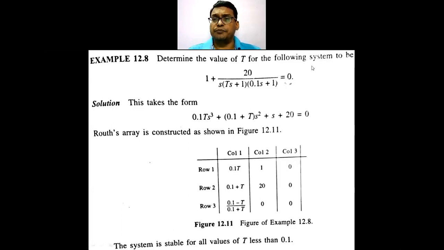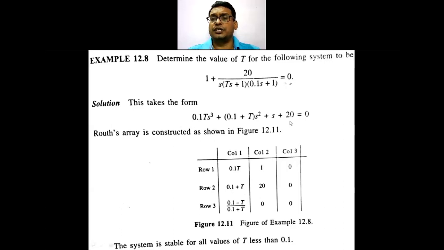Now determine the value of t for the following system, where 1 plus 20 upon s into (ts plus 1)(0.1s plus 1). After simplification, you will get this equation. Now substituting A1, A3: 0.1t, 0.1t, and A3 is 1.